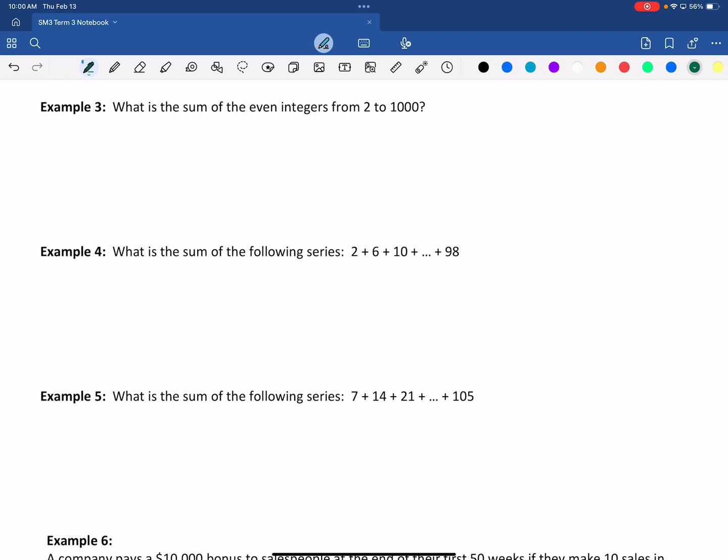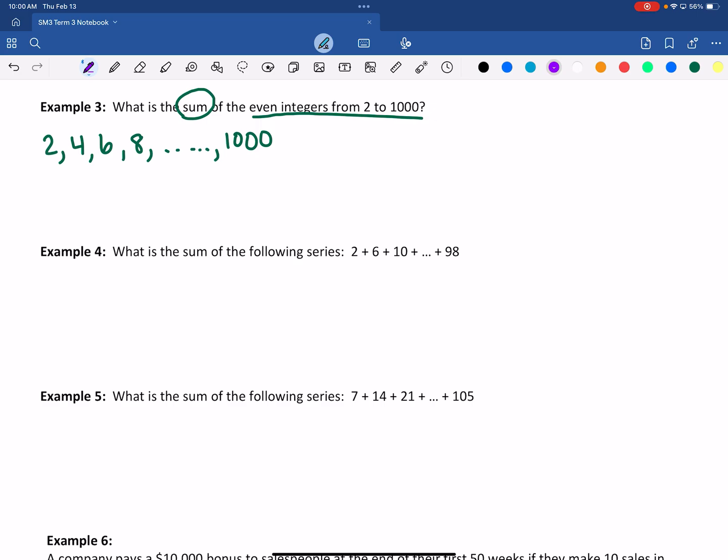Okay, try number 3. They want you to add up all of the even integers from 2 to 1,000. So we have 2, 4, 6, 8, all the way to 1,000. Oh, add them up? The first thing that you have to do is just look at it as a sequence.